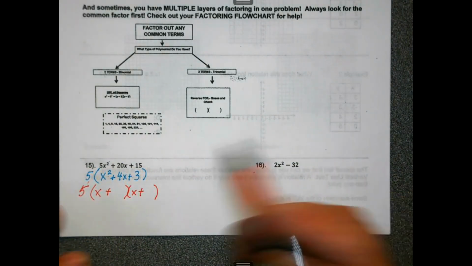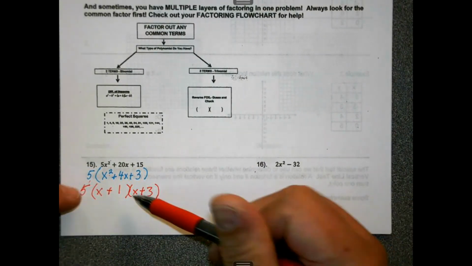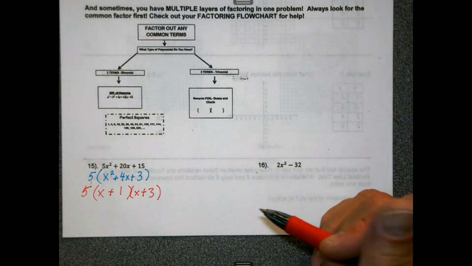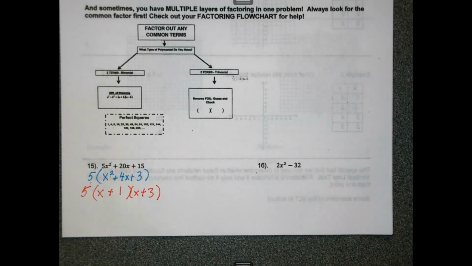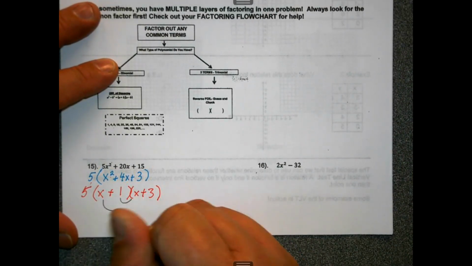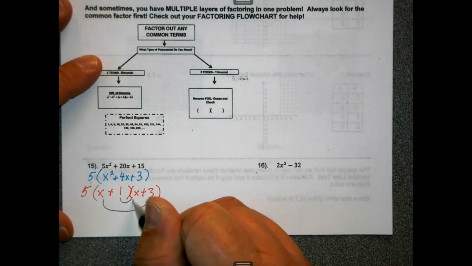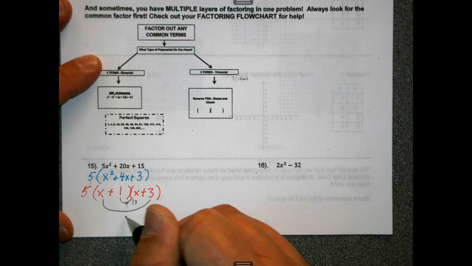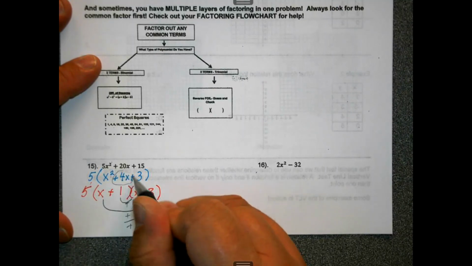The only way I can get 3 is 1 times 3. And since a is 1, I don't have to really worry about whether I put the 3 there or the 1 there. If you really want to check it, this one you almost don't need to check because we dealt with all prime numbers. Positive 1x, positive 3x gives me positive 4x, which is what I want.